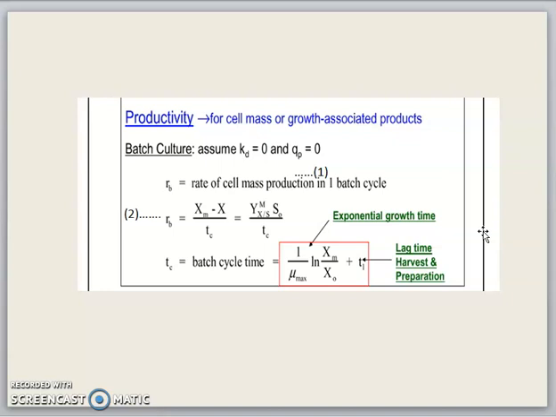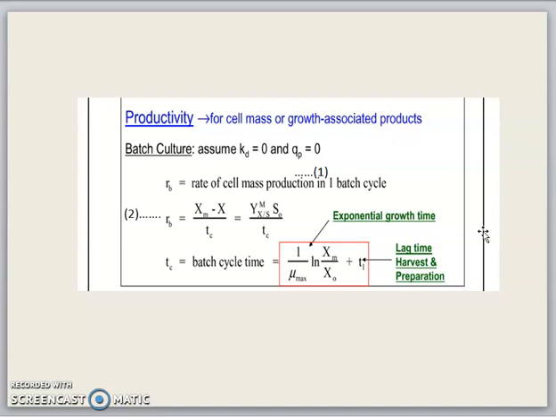Then in the fermentation, usually we are using the batch fermentation, which is also known as a batch culture. We will assume that Kd is equal to 0 because we're talking about the growth associated product, which refers to the product produced at the exponential phase where the Kd is equivalent to 0.